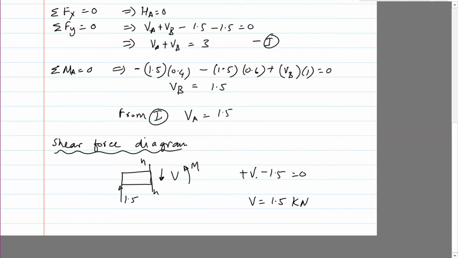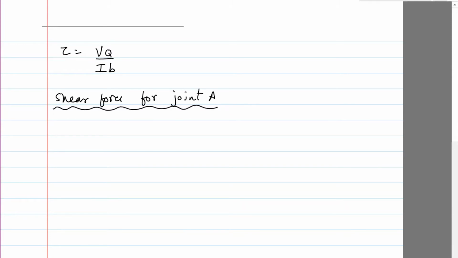Now let's go to the shear stress equation. Okay, we said shear stress is VQ divided by I times B. And let's do this computation for joint A and then do it for joint B. So, shear stress for joint A. I'm just going to isolate the top part of the beam, because remember when we talked about shear, you find it for the section above the point you're considering.